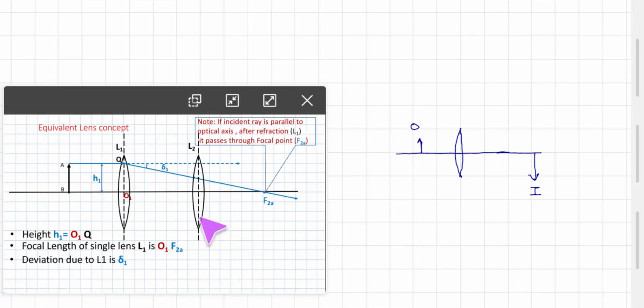Now when we put second lens, now what is happening? You see that the ray which is refracted from L1, actually it is passing through lens L2, and L2 is also a lens, so it will also refract this ray. But note, as this ray was coming parallel to optical axis, now this ray is not parallel to optical axis, so after refraction it will not pass through the focal length of lens L2.